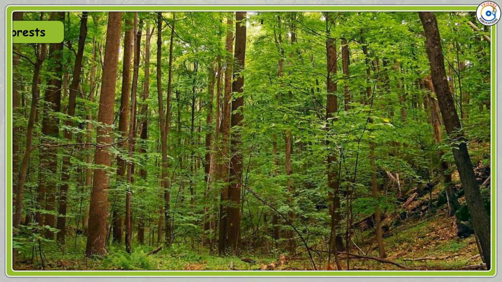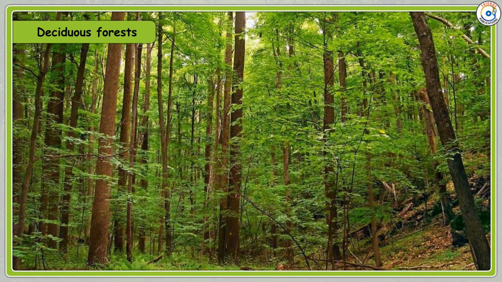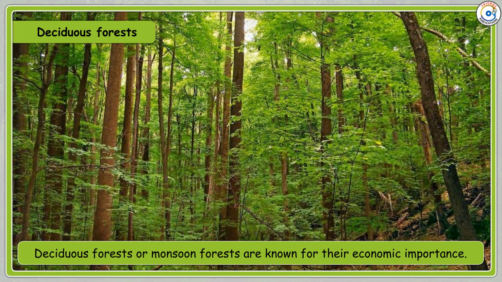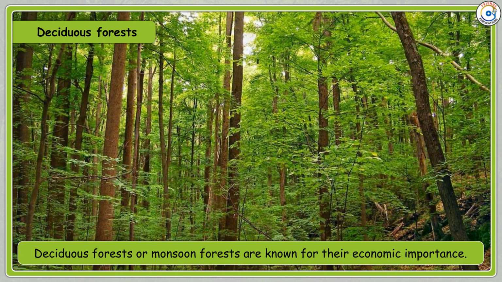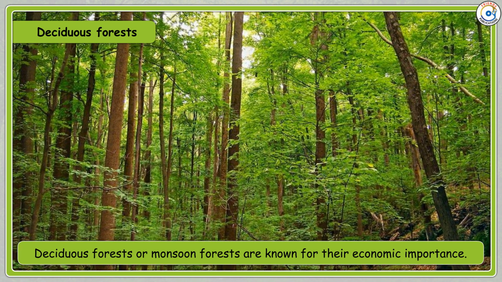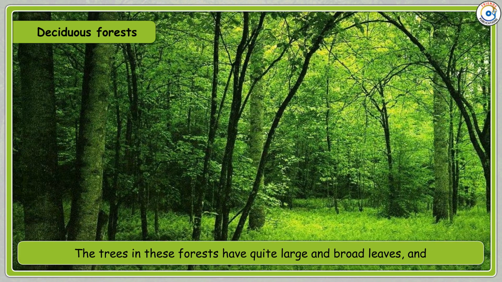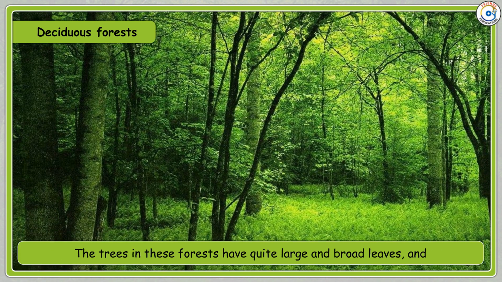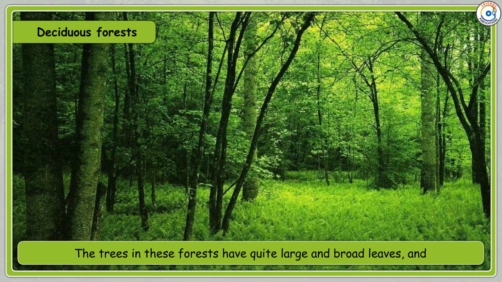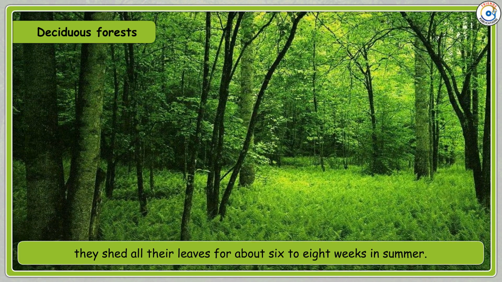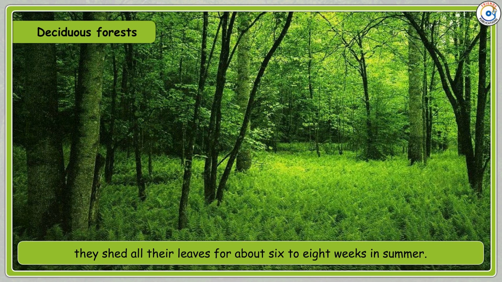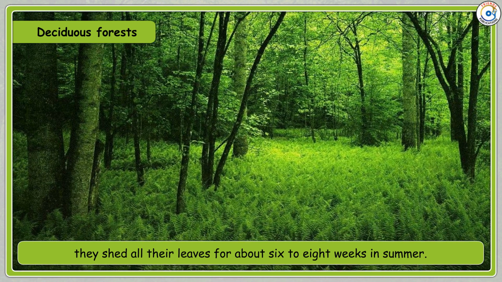2015 survey. Deciduous forest. Deciduous forests or monsoon forests are known for their economic importance. The trees in these forests have quite large and broad leaves, and they shed all their leaves for about 6 to 8 weeks in summer.